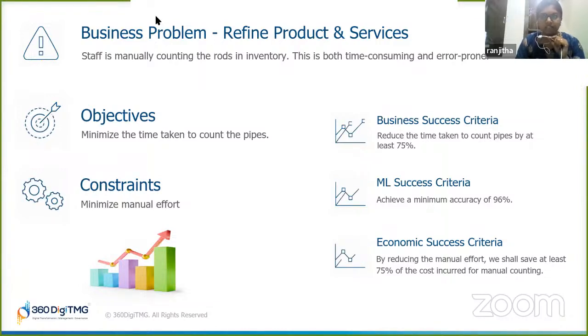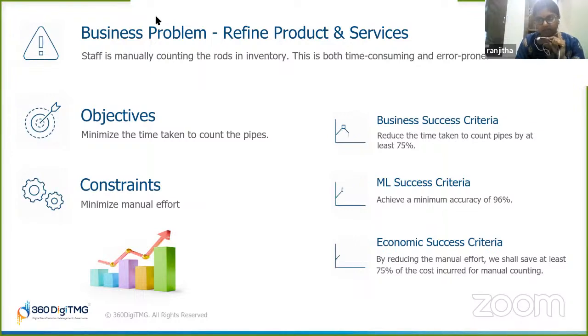At that time, our main objective here is that our model will count the objects accurately within seconds. If we want to count 1 to 10 objects, it will take some seconds. If we want to count, suppose, 100 rods, you may need at least 2 minutes.